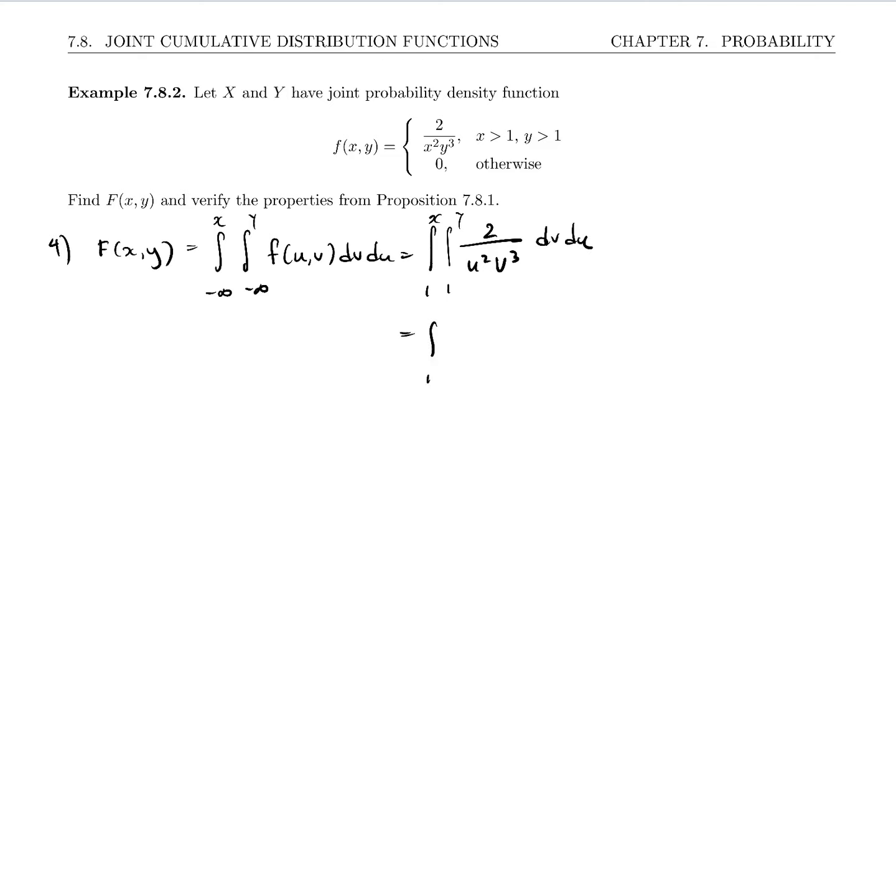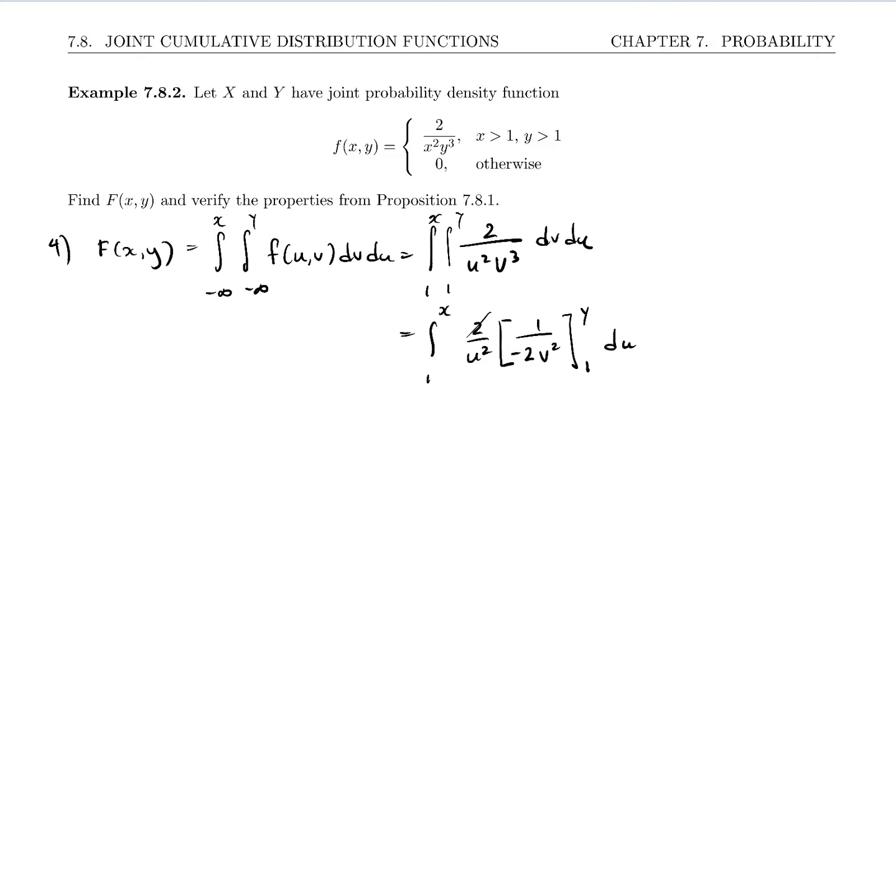And so we need an antiderivative with respect to v, which is going to be, with a power rule, 1 over minus 2v squared, and I brought out the 2u squared, and this is going to run from 1 to y with the du on the outside.